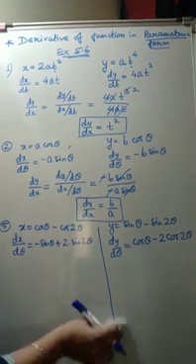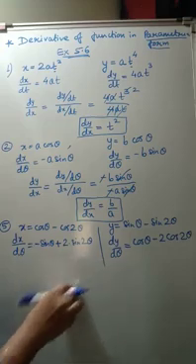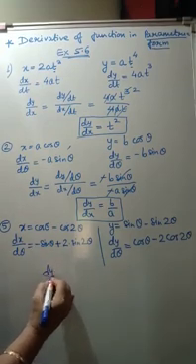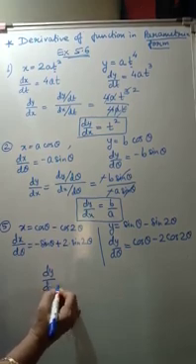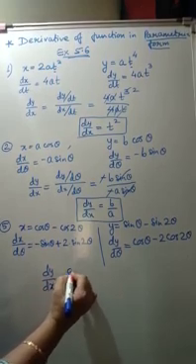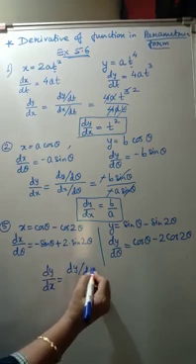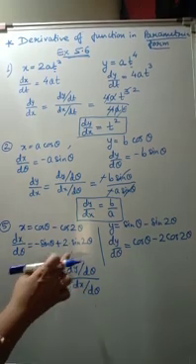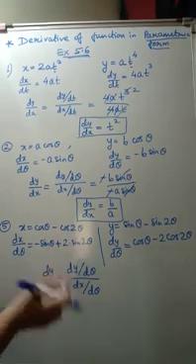Now since we have done many questions of differentiation, you can do it orally and skip a few steps. So what is dy by dx? It is dy by d theta divided by dx by d theta. I have skipped one step here, so you can also skip.